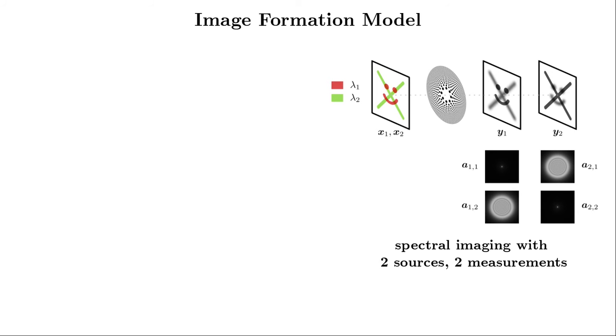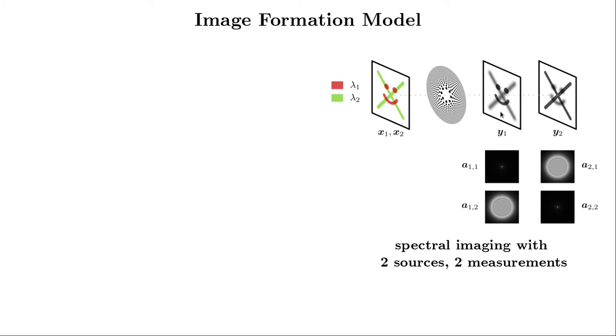So now I'll introduce the image formation model and provide some intuition here. So if we take as an example a multispectral source which has two spectral components at wavelengths lambda 1 and lambda 2, and we allow that to propagate through our system through this diffractive element here.